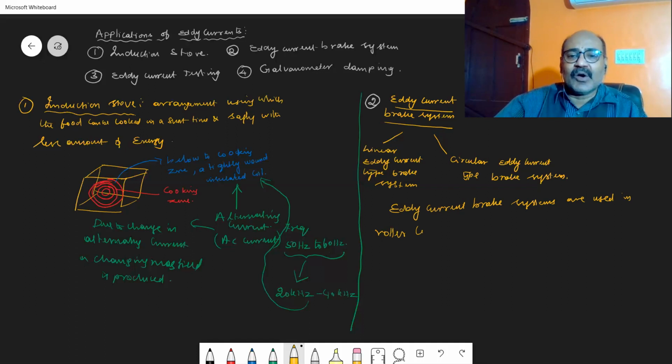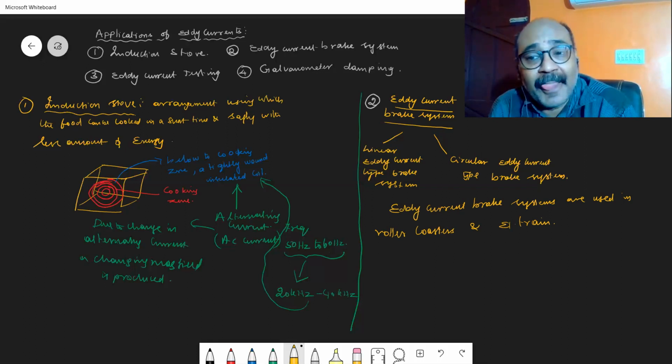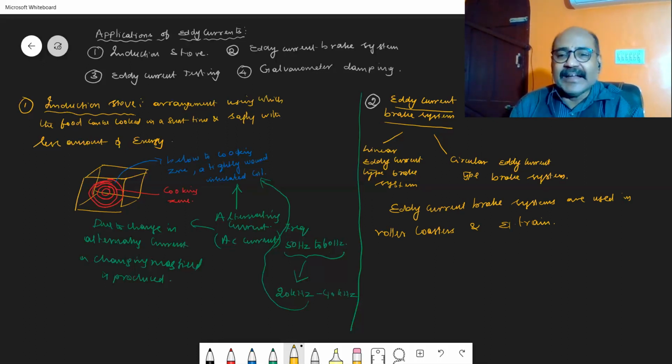You might have seen them in many exhibitions or in fun places. They are also used in electric trains or in ordinary trains, mainly in electrical trains. So how does this eddy current brake system work?